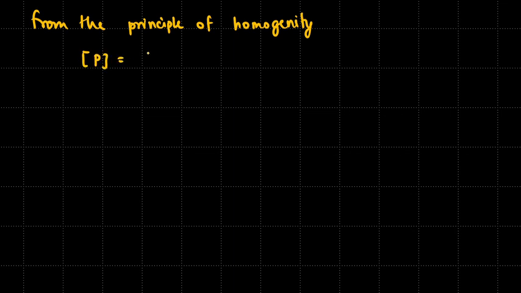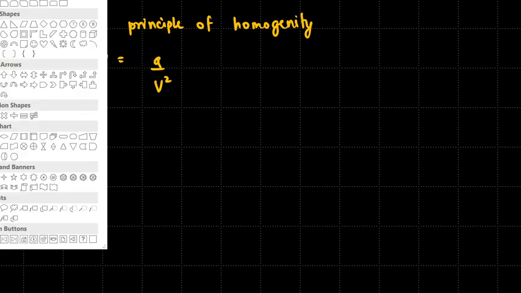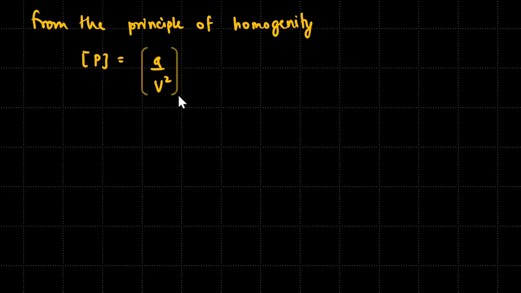So from the principle of homogeneity, we have that the dimension of P must be equal to the dimension of a/V², right? Let's put a pretty bracket around it. It's supposed to be a square bracket, but it's a round bracket. What can I do?